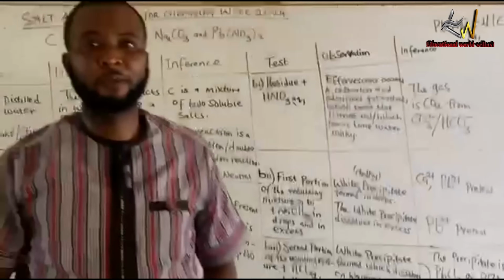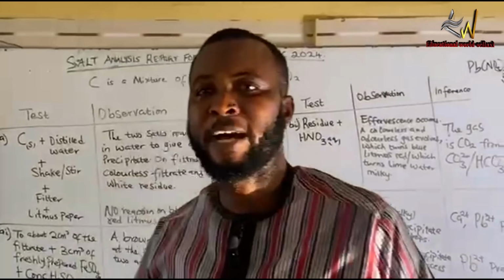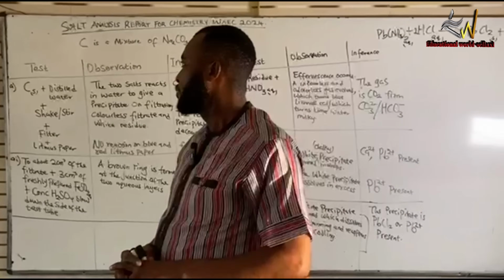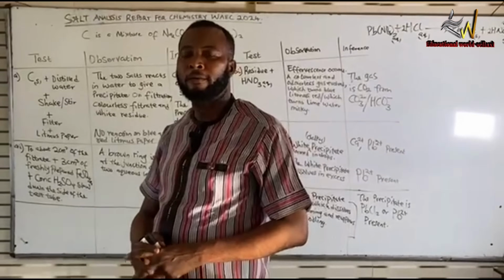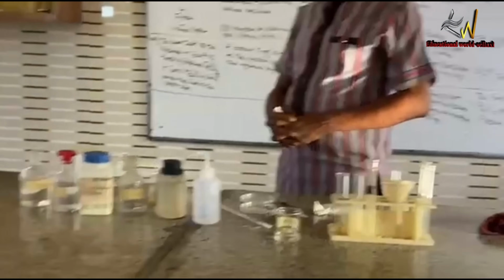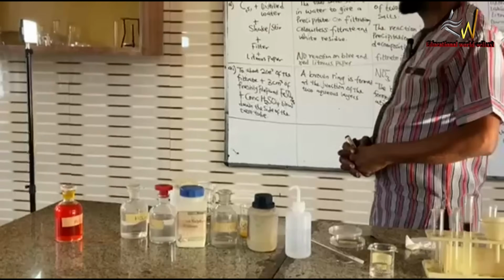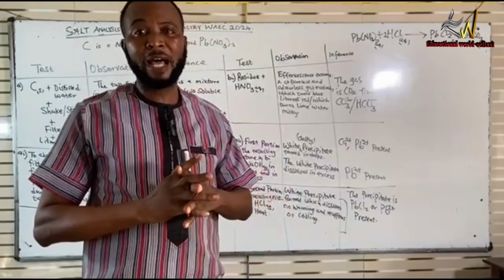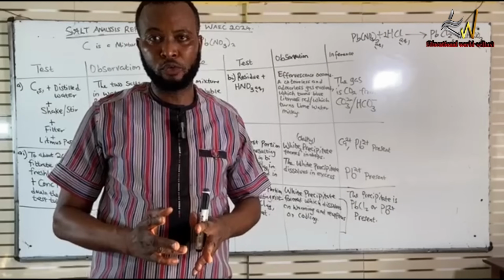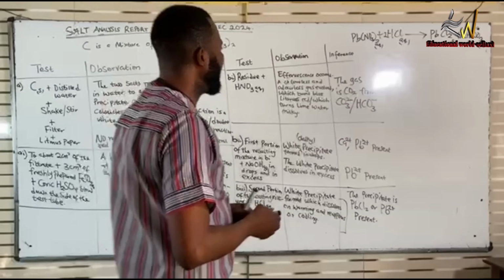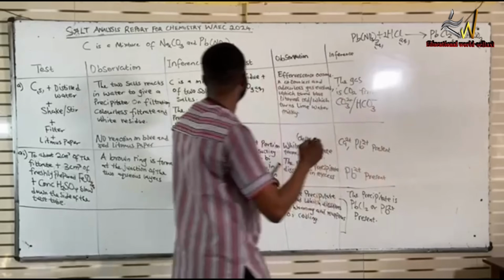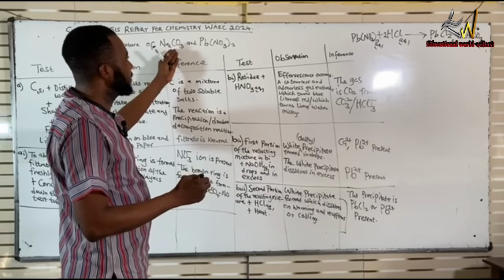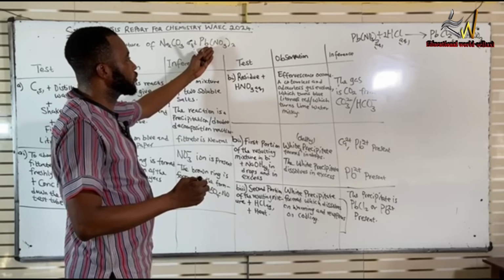Chemistry students all over the world, this is my expected chemistry practical question 2024, also analysis. Now we cannot actually predict them 100%, but bear in mind that this salt is stable on heating, while this salt will decompose on heating.